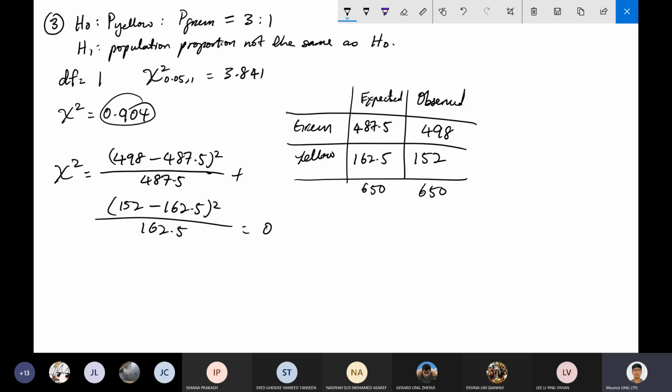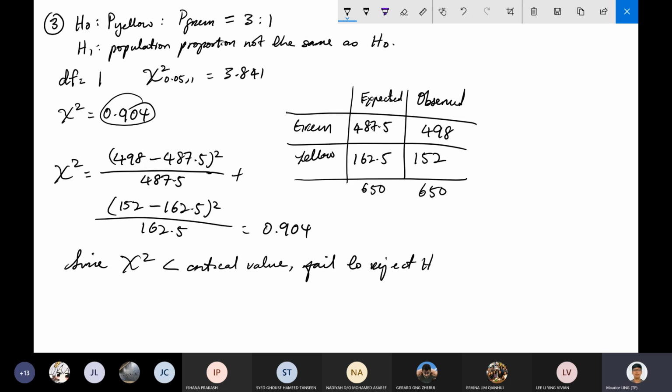So you get 0.904. So what is your conclusion, Vivian? Accept or reject the null hypothesis? Fail to reject. Correct. So since it's smaller than the critical value, fail to reject the null hypothesis.